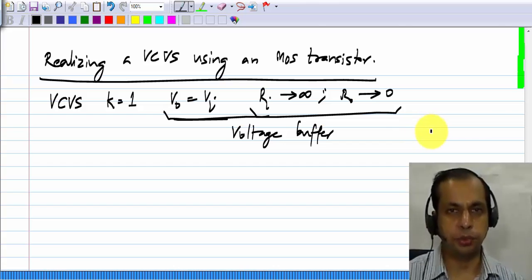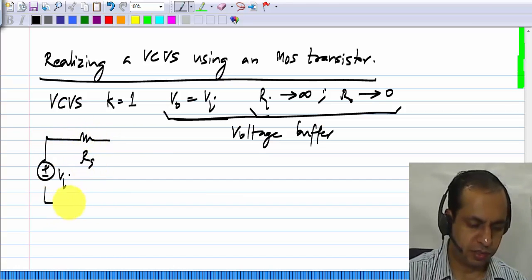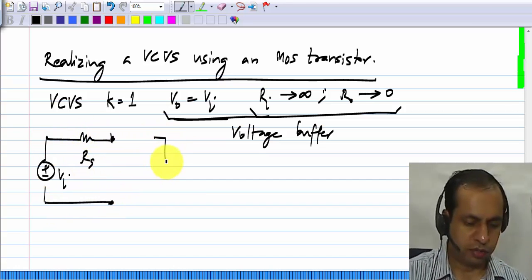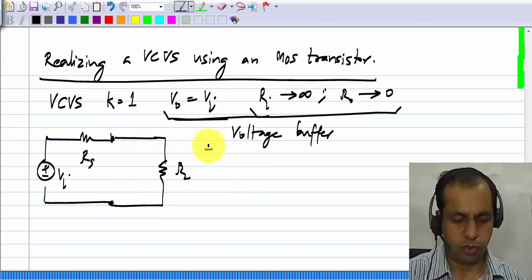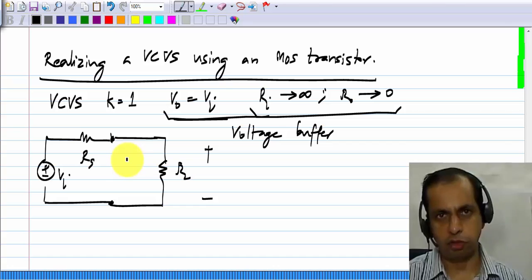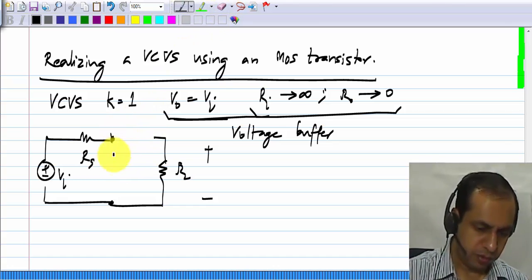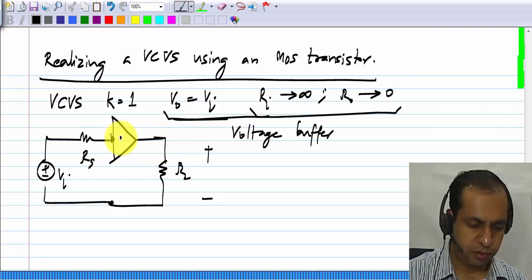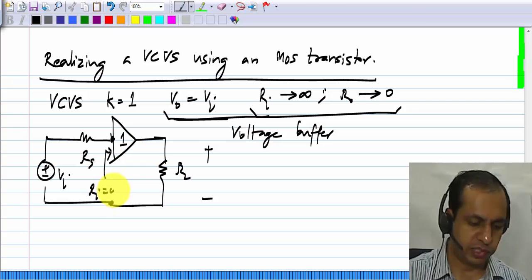It still has its uses, because if you have Vi and some Rs and you have some RL, if you connect it directly, what you get here will not be Vi, it could be much smaller than Vi. Instead of that, if you connect it through a buffer, it has a gain of 1, but its input resistance is infinity and the output resistance is 0.